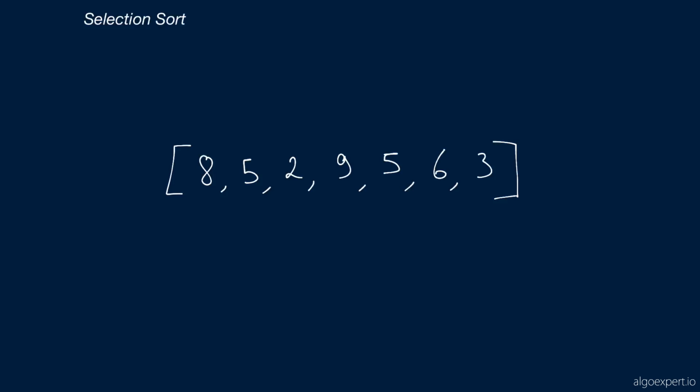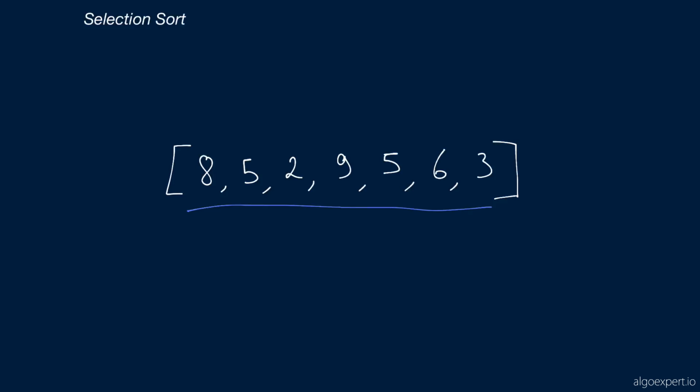And so at the beginning, we start with our entire list representing that unsorted list. So I'm going to underline the entire array in purple to show that all of these numbers right now are not sorted. And what we're going to do is iterate through this unsorted list a bunch of times, and each time we're going to find the smallest number in that unsorted list.